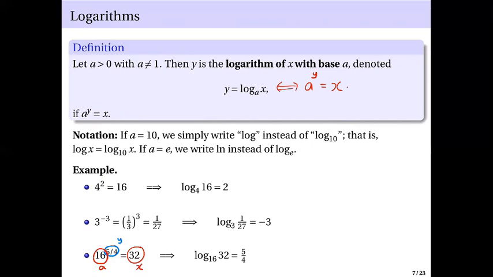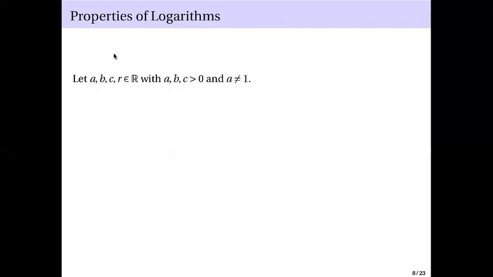Now, let us look at some properties of these logarithms. So let a, b, and c be any real numbers where a, b, and c are greater than 0 and a is not equal to 1.